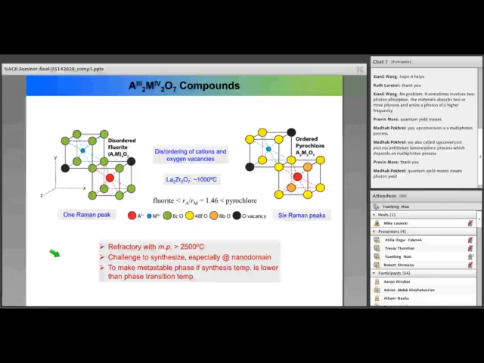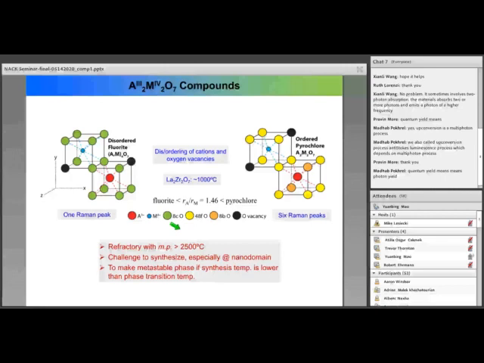The other thing I want to mention is that these compositions have very high melting points. In the literature, when people make bulk samples, the synthesis temperature is always high. When the synthesis temperature is too high, it is very difficult to make nanomaterials. So how do we synthesize the nanomaterials?